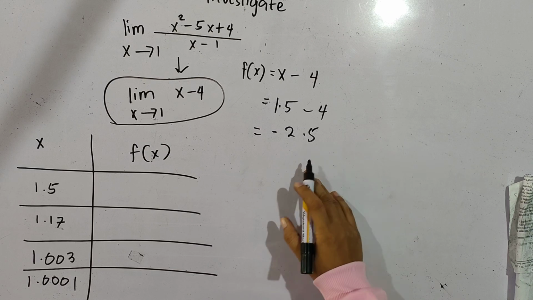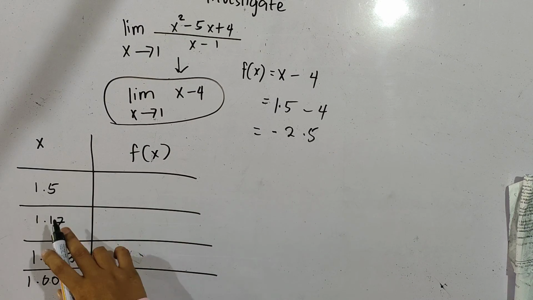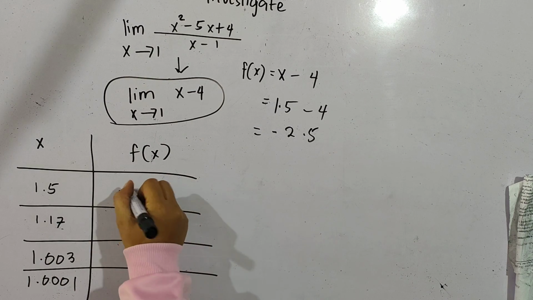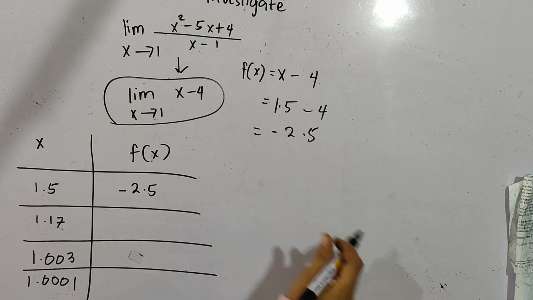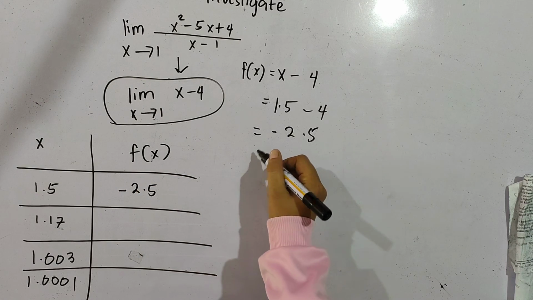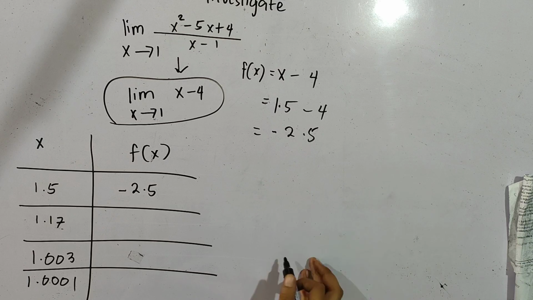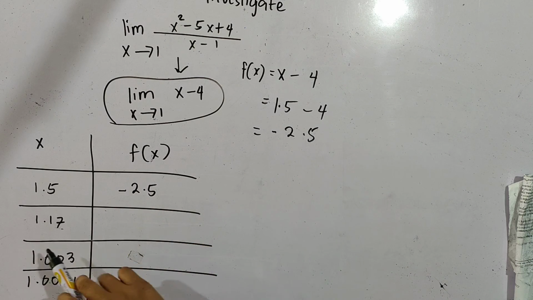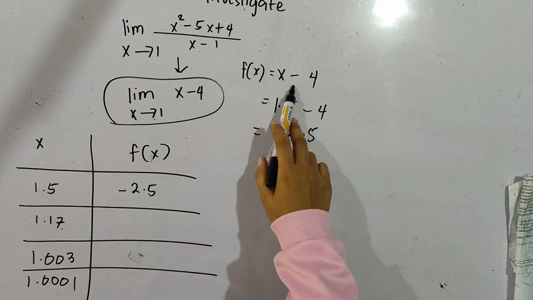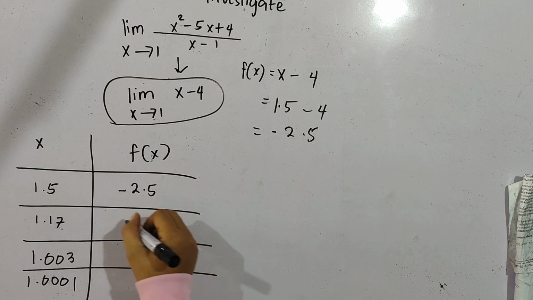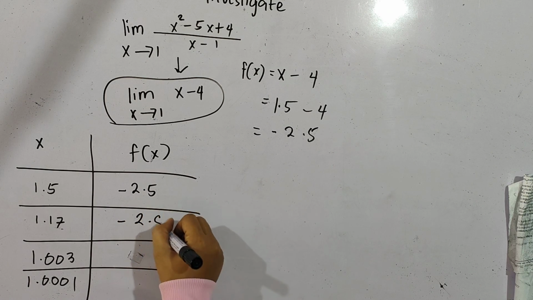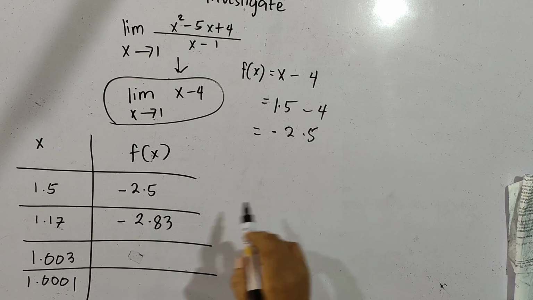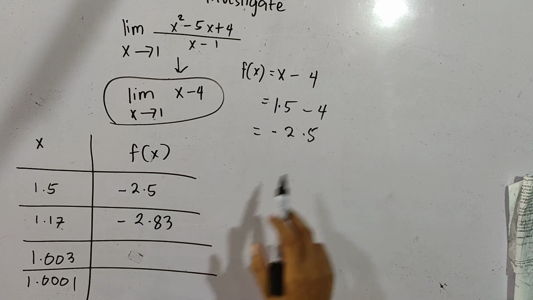Therefore, the answer is negative 2.5 when our x is 1.5. Then, pareha ra gihapon nga process sa uban. Substitute ra ang 1.17 minus 4 is negative 2.83. How about sa 1.003?